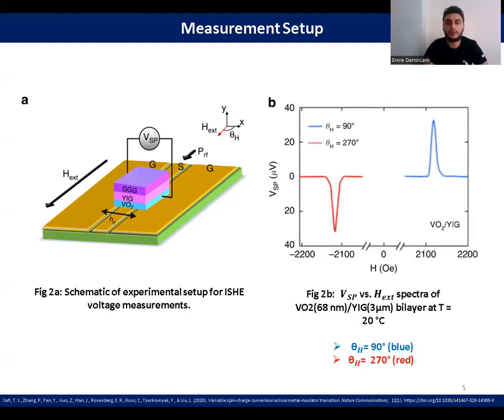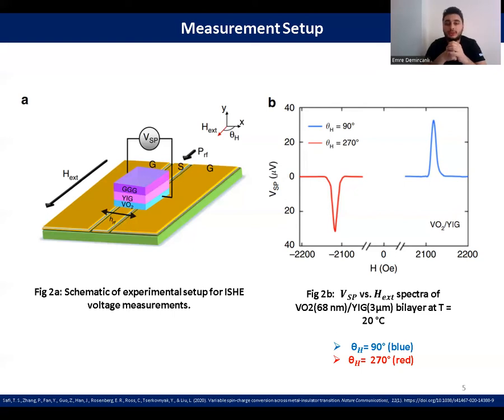In figure 2b, spin pumping spectra are shown for the vanadium dioxide and YIG bilayer at 90 and 270 degree angles at 20 centigrade in the in-plane area. Under these conditions, thermal effects could be ignored. In addition, since YIG is an insulating ferromagnet, there is no contribution from anisotropic magnetoresistance, which is AMR, and the anomalous Hall effect.